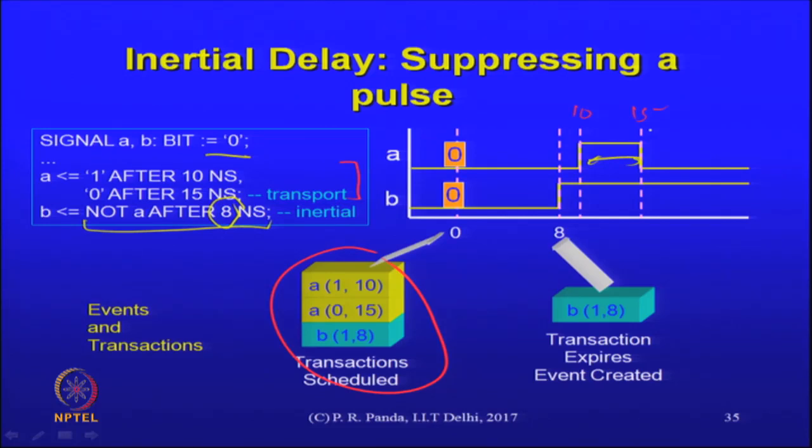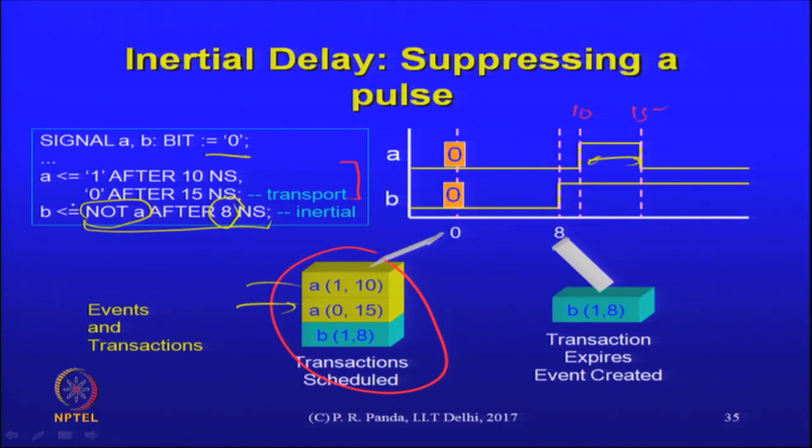Right. So, both of these are entered here to be processed at different times. That is how we would handle transport delays, but as of now it is just a specification, and I have these 2 transactions being entered into the queue, and I have one other transaction on B because I have not A being evaluated at time 0.